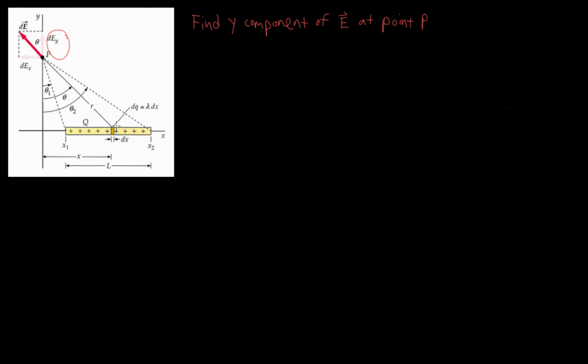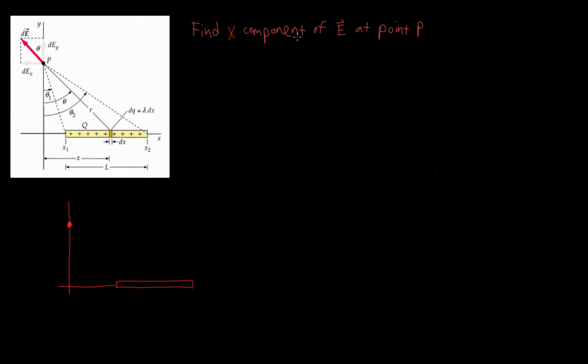And what we want to do is find the y component of the electric field produced by this really small element of charge dq. This really small amount of charge dq is going to produce a small electric field denoted with dE.